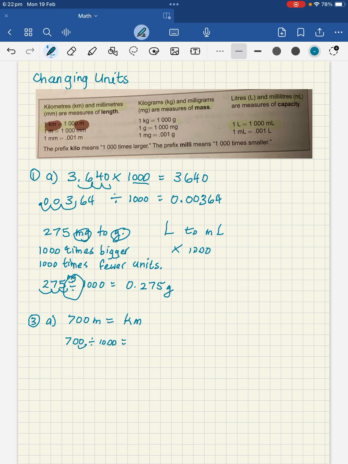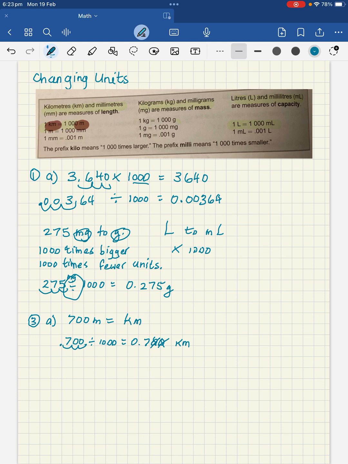You're going to move 3 places. That's where your decimal is going to be. Now you don't actually need these zeros, but it's 0.7 kilometers.